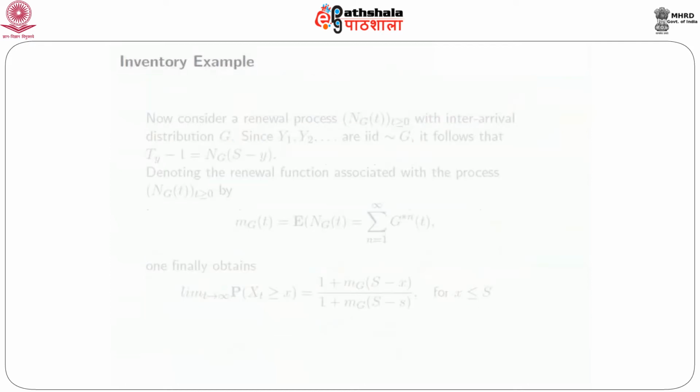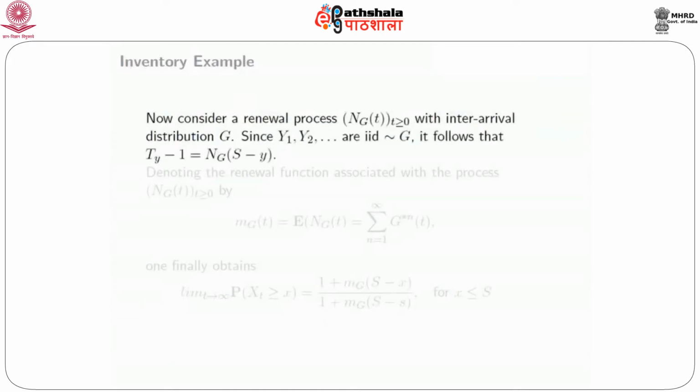Okay. So now consider a renewal process, to be called N_G(t), whose interarrival distribution is G. Remember, G is the common distribution of the successive demands of customers. So Y1, Y2, ..., Yn, etc. are IID with distribution G. It then follows immediately that Ty minus 1 is N_G at s minus y.